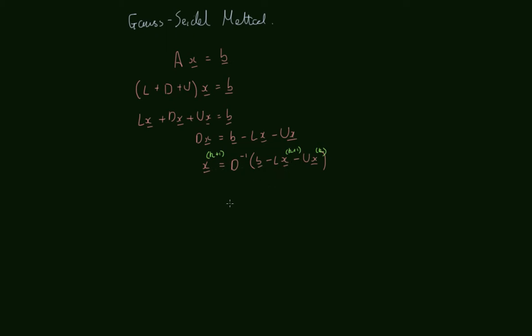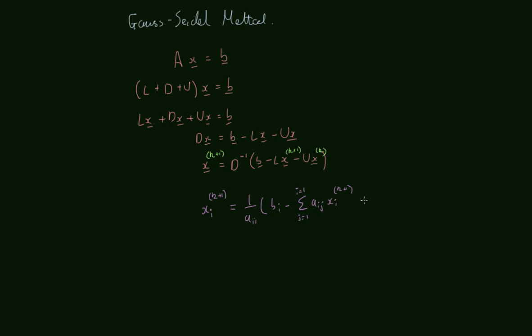If I write this out for the ith value of x, the inverse of a diagonal matrix is just 1 over the diagonal element, so that's 1 over a_ii. That's multiplied by b_i minus the lower triangular term, which I replace with a sum from j equals 1 to i minus 1: all of those values of x prior to x_i, which I've already calculated in the new iteration.